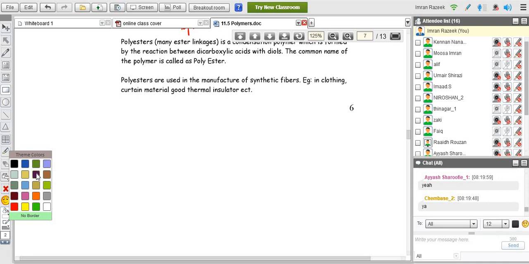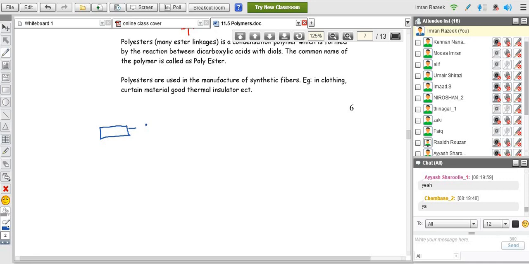I'm going to first show you how this is done. Let me draw the structure of a dicarboxylic acid and then a diol, right? So this is my dicarboxylic acid. You can just draw a box, because we don't know which different dicarboxylic acids are present. What is inside the box is a carbon containing group.